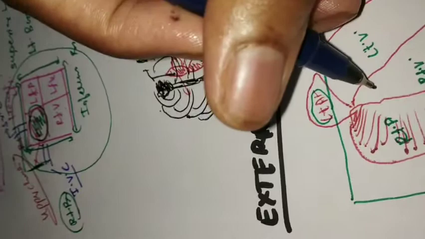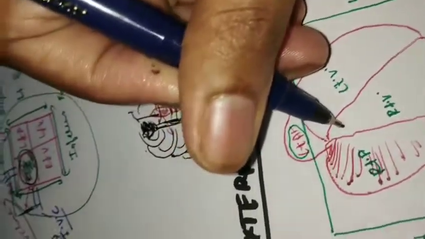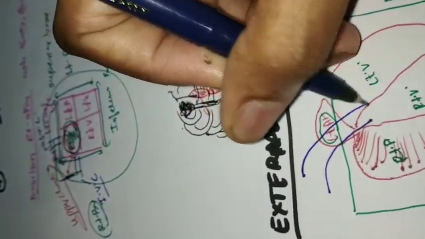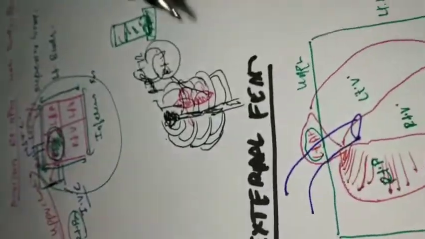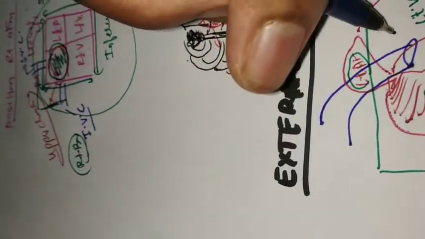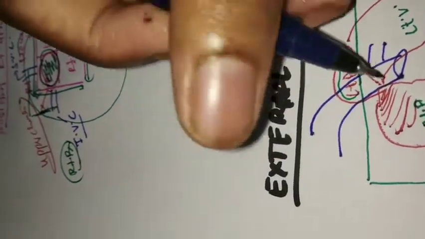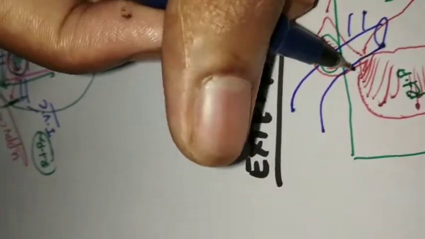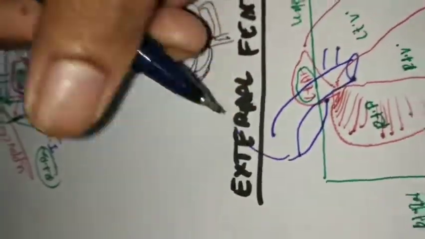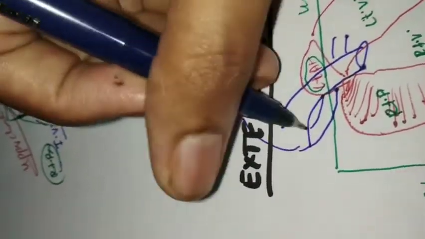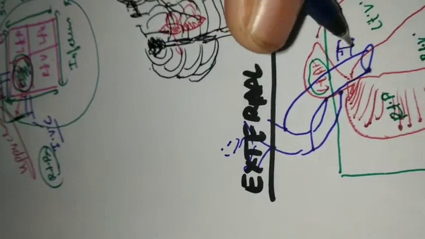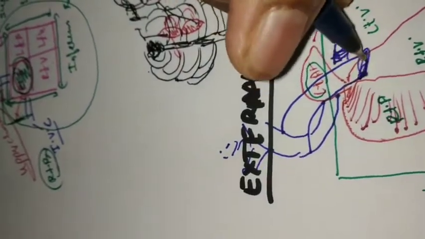From your ventricle comes out your pulmonary trunk, and from your left ventricle comes out your arch of aorta. Here is a root. Okay, like this.